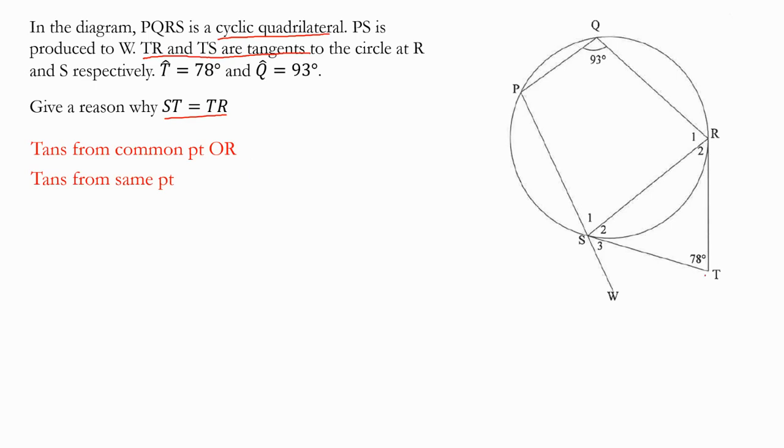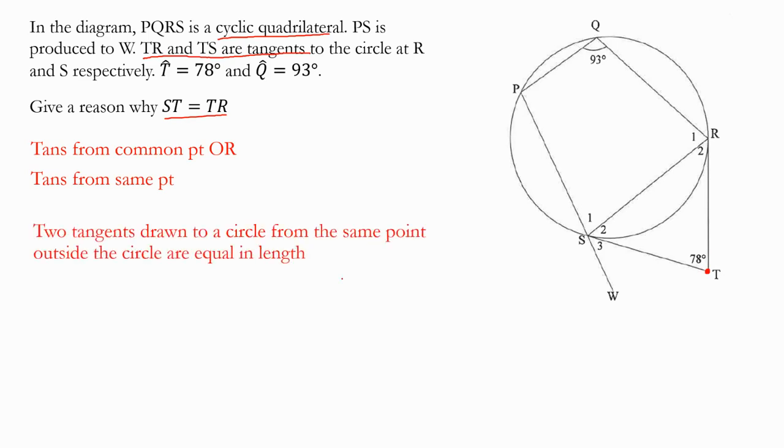Two tangents drawn to a circle from the same point outside the circle, like here from T. T is a point outside the circle. Two tangents drawn to a circle from the same point outside the circle are equal in length. Please remember that.